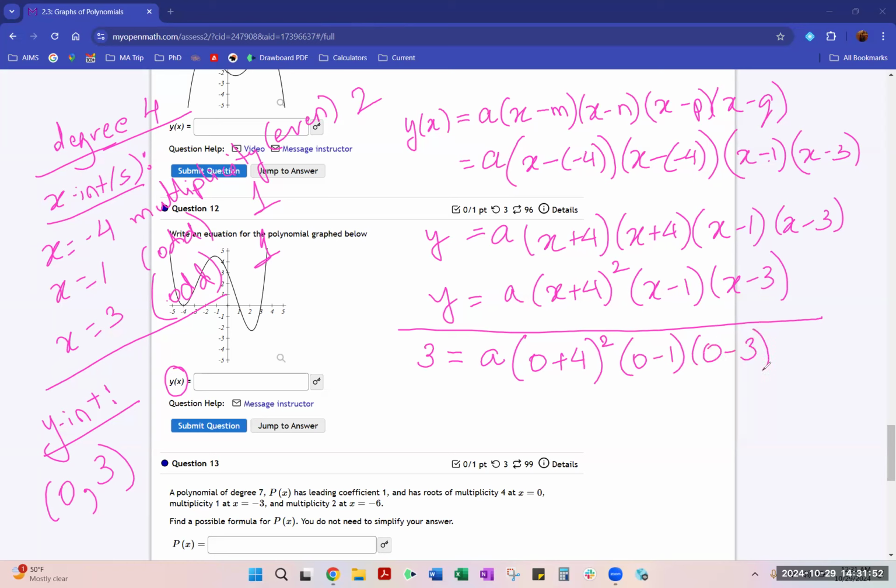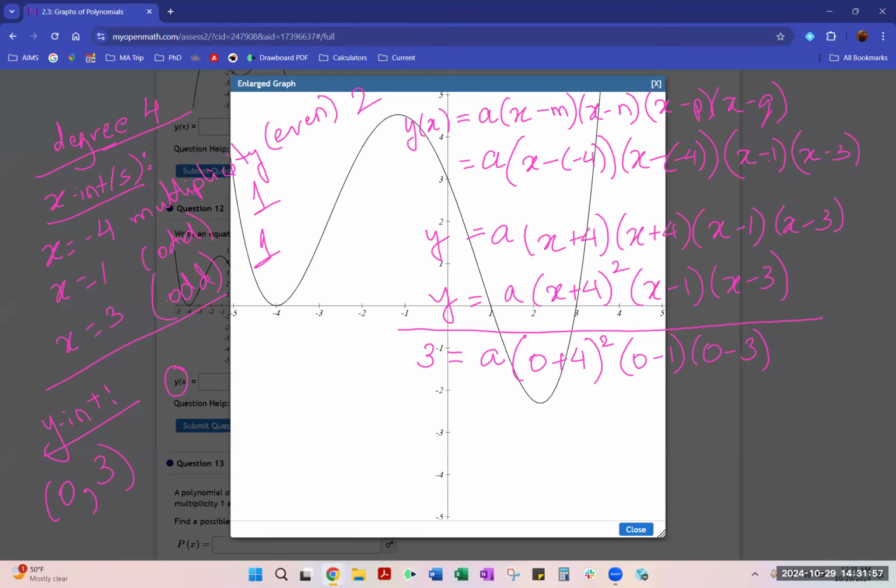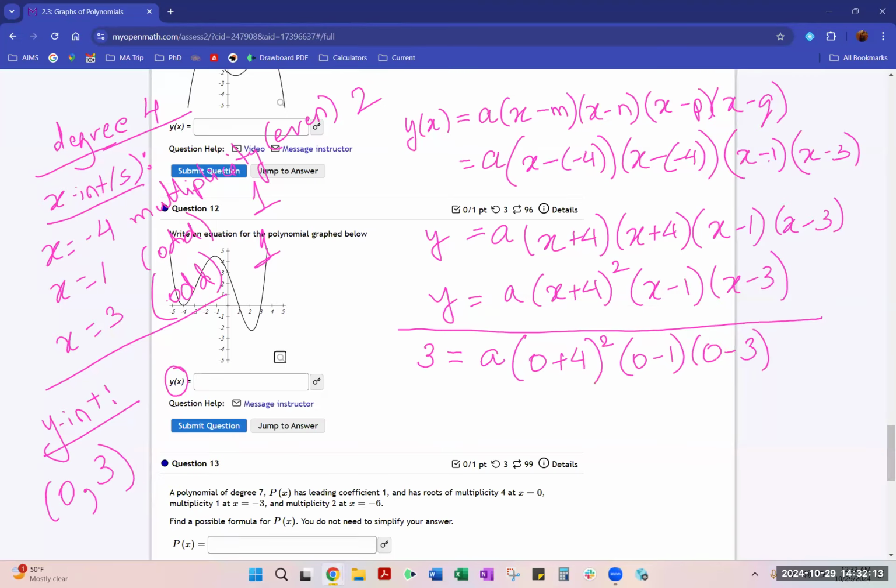Oh, and another thing I wanted to mention before we solve that equation is, let's make the graph bigger. You will see how the arms of your graph are headed upward. So we can say that the graph of the polynomial is opening upwards. So that actually tells you your leading coefficient a is going to be a positive number.